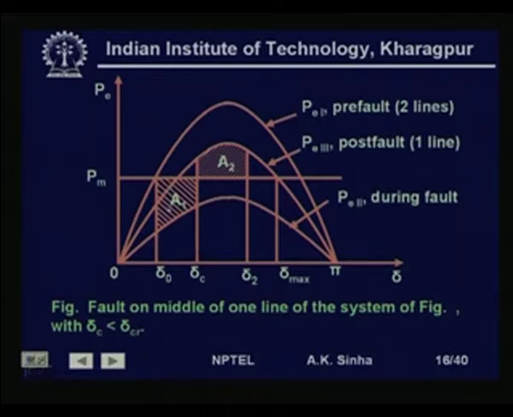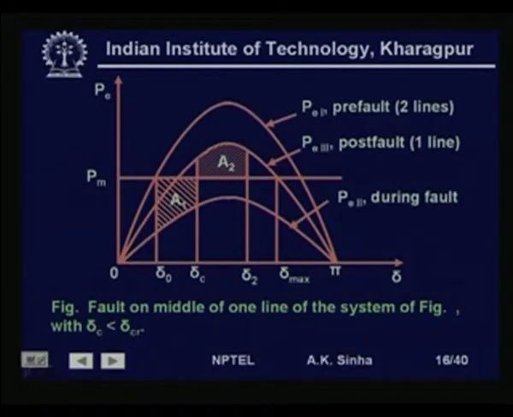When A1 is just equal to the available A2, we have the critical clearing of the fault. That is, if we clear our fault before that critical clearing angle, then the system is stable. If we clear the fault after the critical clearing angle, then the system becomes unstable. So, that is the situation that we get.